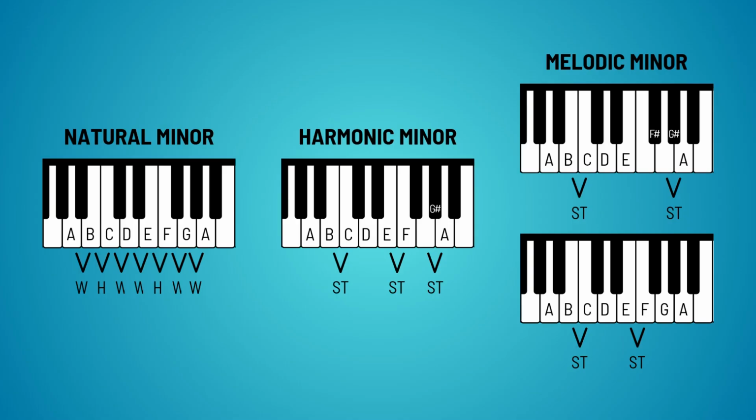A melodic minor ascending: A, B, C, D, E, F sharp, G sharp, A. Scale degrees 6 and 7 are raised. A melodic minor descending: A, G, F, E, D, C, B, A. The descending scale returns to natural minor. All three scales have the same tonic and begin with the same natural minor foundation. The difference is found in scale degrees 6 and 7.